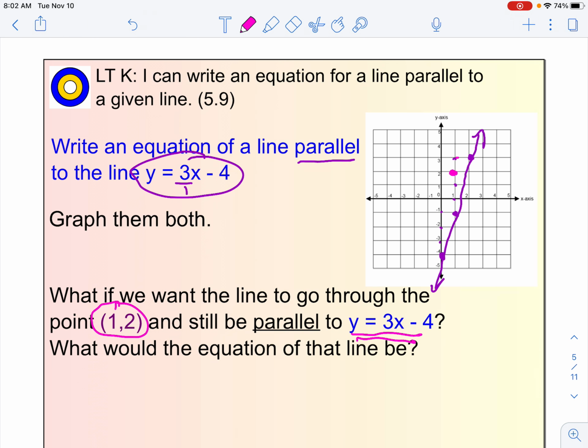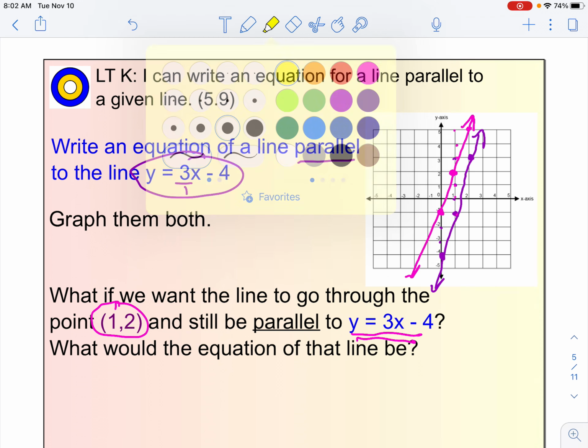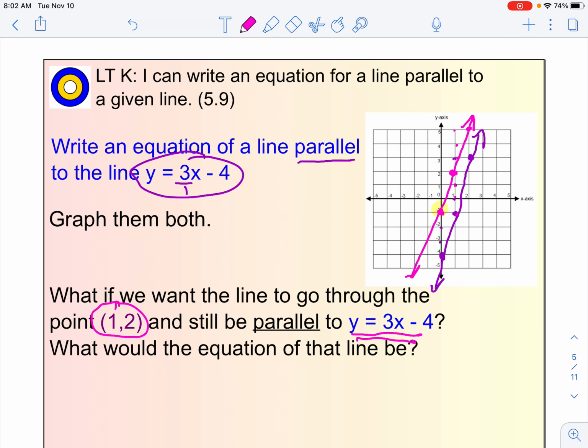Well, if I just follow and go up 3/1 or down 3/1, I was lucky enough to get my slope doing that. And sometimes that happens. And so you can kind of do this just intuitively. And since this was my y-intercept right here, then I know the equation of the line would be y equals 3x minus 1.